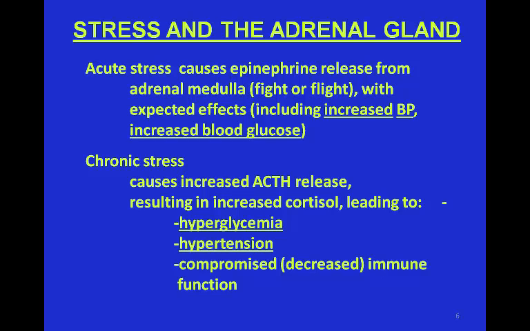Chronic stress causes the anterior pituitary to release ACTH, which will cause the adrenal cortex to release cortisol, leading to, again, hyperglycemia, hypertension, and another effect that we haven't looked at yet, compromised or decreased immune function. So if someone tells you that you need to try to learn how to control your stress, there's a lot of good reasons for that, including the fact that chronic stress can cause you to be more susceptible to diseases.